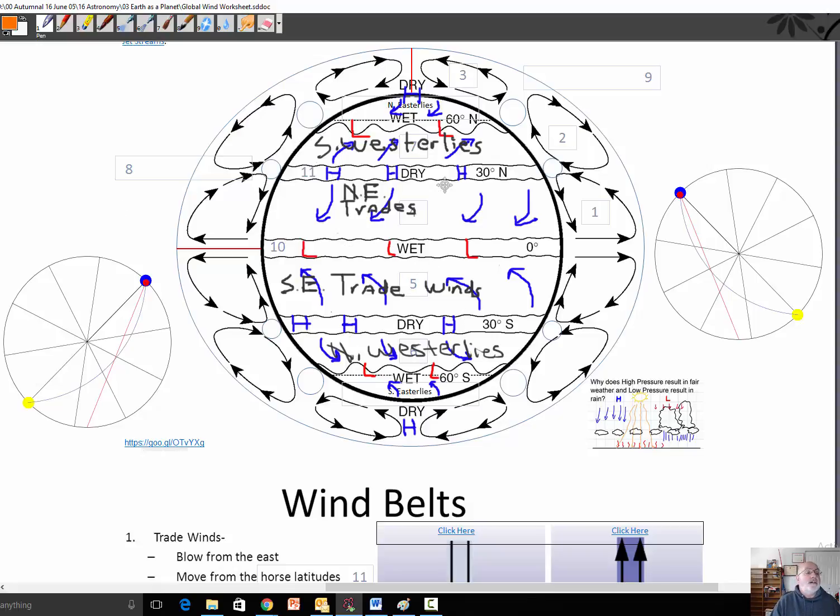Okay, if I go into this location, this is actually called the horse latitudes. This is number 11. And you'll see this on the back of your sheet. And we have the same thing down here. Horse latitudes.